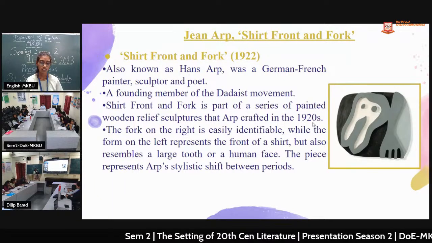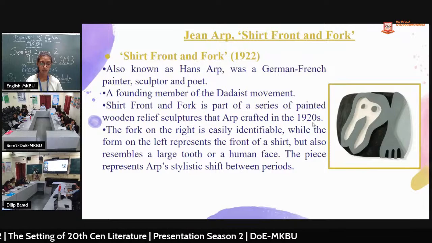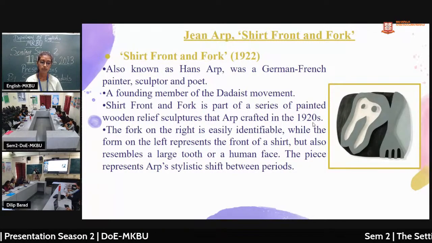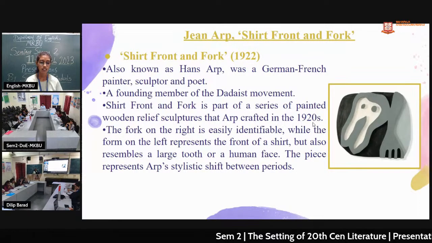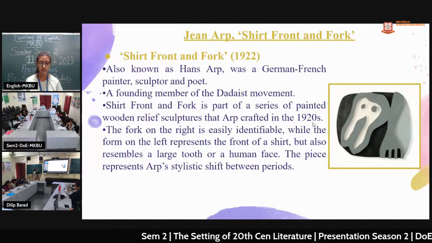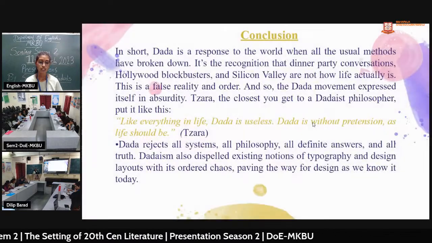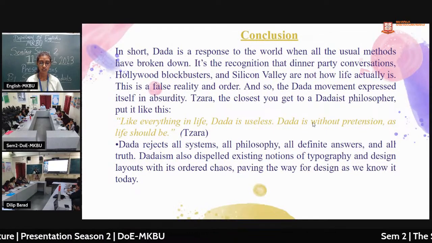The fork on the right is easily identifiable, while the form on the left represents the front of a shirt, but also resembles a large tooth or a human face. The piece represents Arp's stylistic shift between periods.